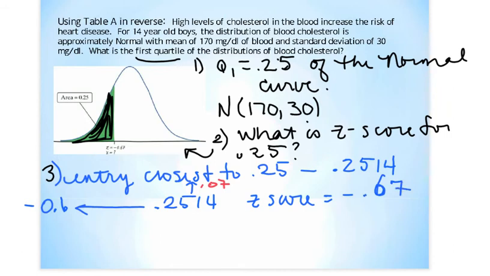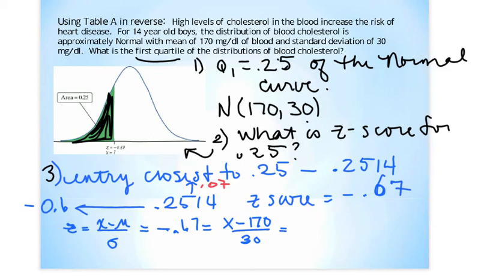Now, I need to convert that back. So remember, it's z equals x minus mu over standard deviation. So in this case, negative 0.67 equals x, which I don't know, minus 170, divided by 30.